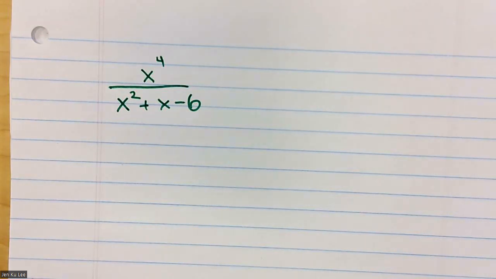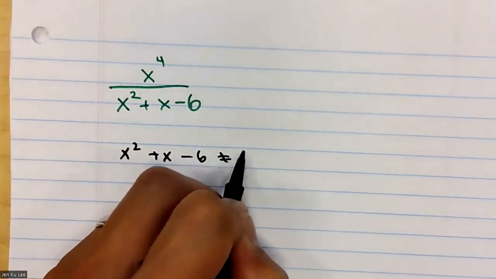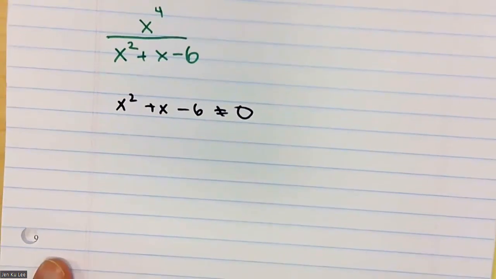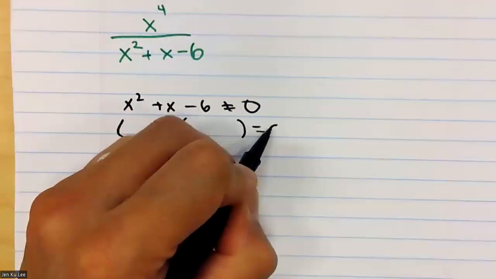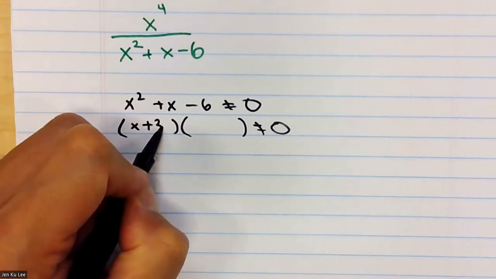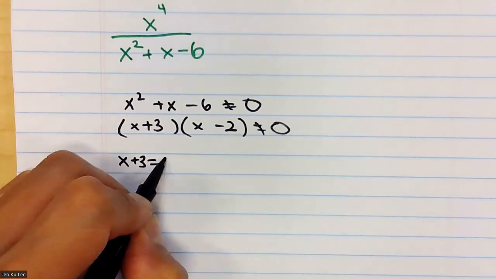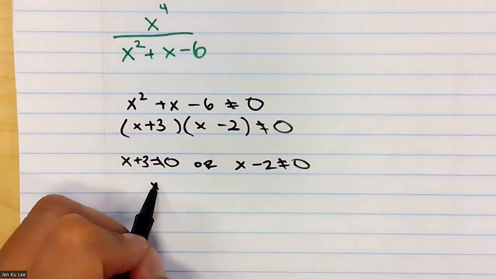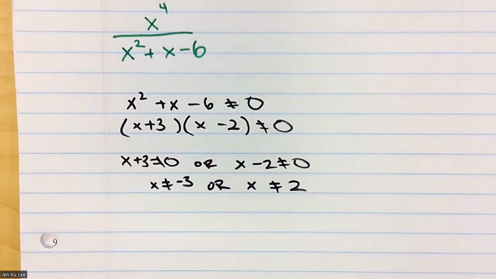Okay, so here, x squared plus x minus 6 cannot equal 0, because that's the rule. If I factor this, you guys remember factoring? It's x plus 3 times x minus 2. X plus 3 cannot equal 0, and x minus 2 cannot equal 0. So x cannot equal negative 3, and x cannot equal 2.